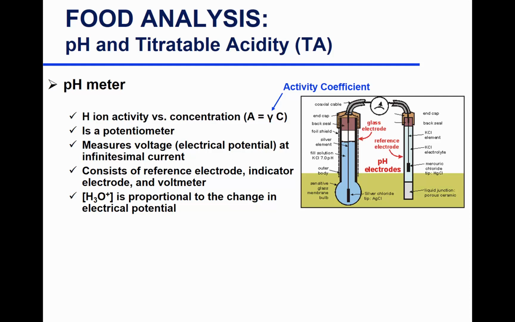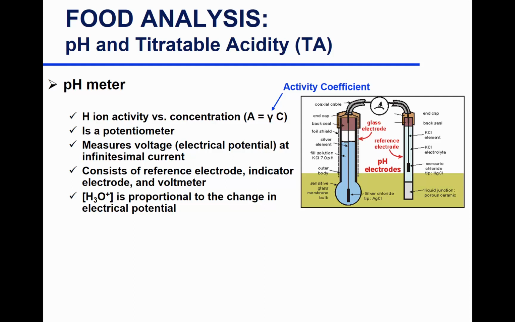I'm not going to go into the detail that the book provides, but we are measuring with a pH meter the hydrogen ion activity, relating it to the concentration. It's a potentiometer that measures a voltage, or a change in the electric potential, at infinitesimal current. That means at a very small, tiny current.